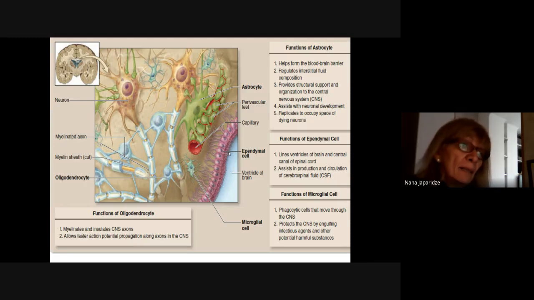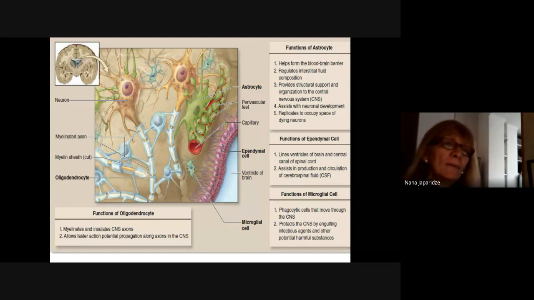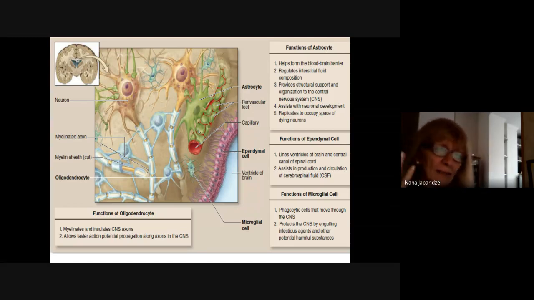Regarding the ependymal cells, they are also subtypes of glial cells. They are cells which line the ventricles and the spinal cord canal, and they help to produce the CSF, cerebrospinal fluid, and at the same time they provide its circulation, its movement from the ventricles to the spinal cord canal and back.